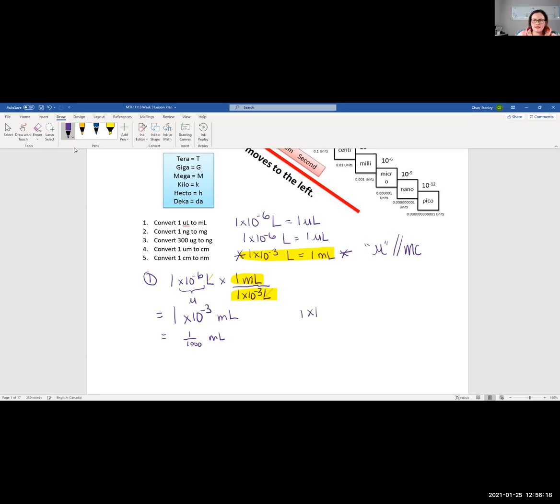So 1 times 10 to the -3 equals 0.001, and that equals 1 over 1,000. So if you type 1 divided by 1,000 into your calculator, you'll get 1e-3, or 1 times 10 to the -3.